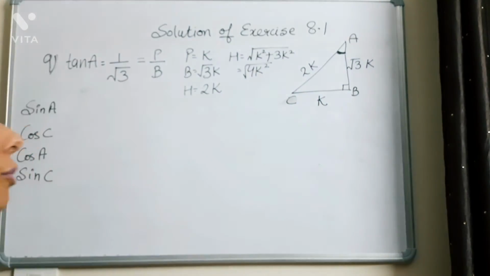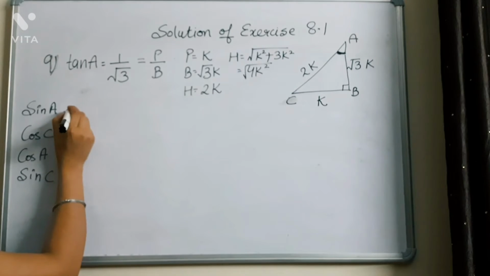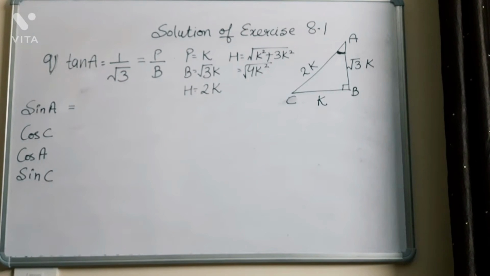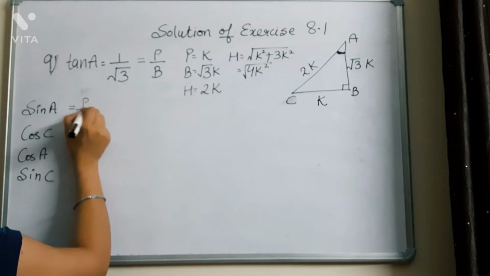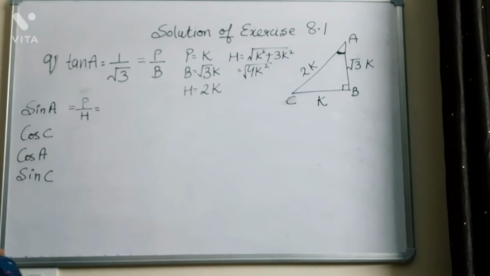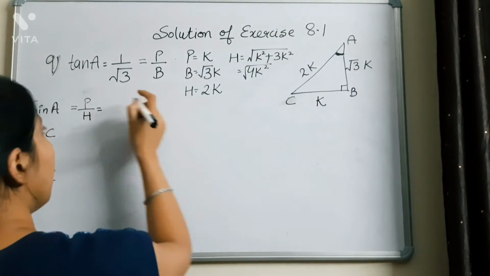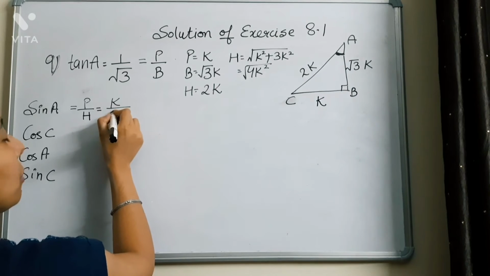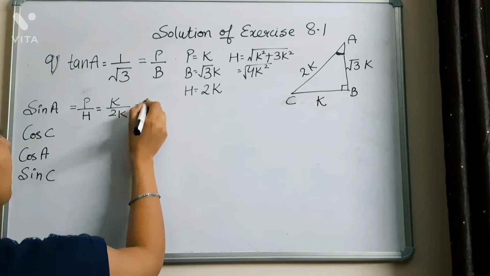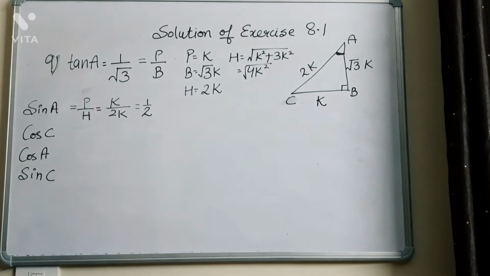Now you have to find the value of sin A. sin theta is given by perpendicular by hypotenuse. If I take this angle as A, perpendicular will be k and hypotenuse will be 2k. So sin A will come out to be 1 by 2. Clear?